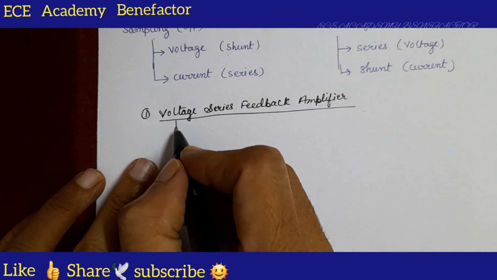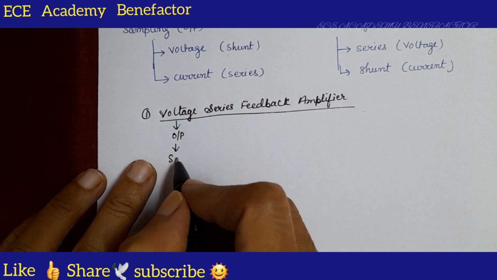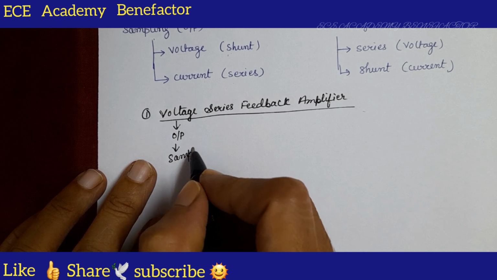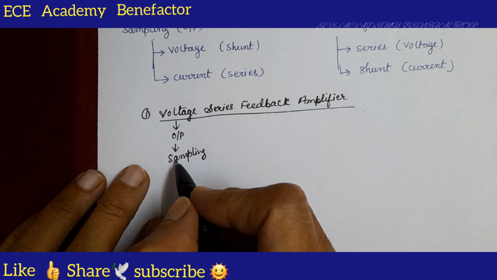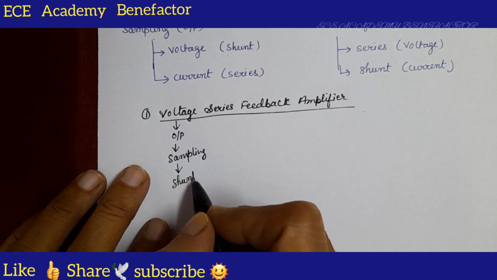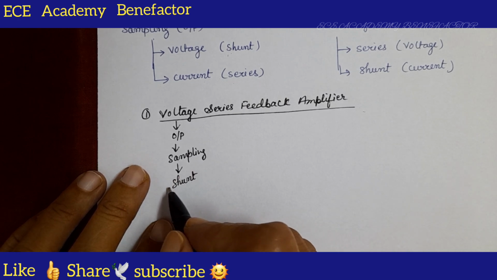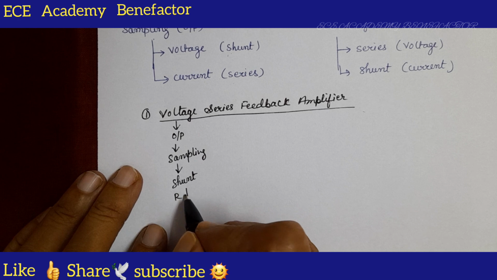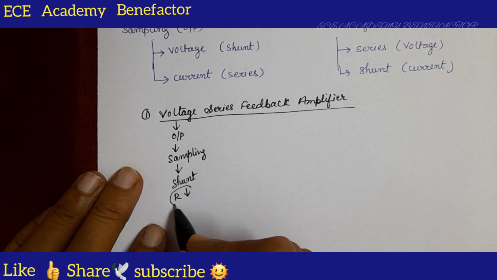What does the first word tell about? The output. What is done at the output? Sampling. If voltage sampling is done, what are the connections at the output? Shunt. If shunt connections are there, what will happen to the resistance? The resistance will reduce. For shunt connections, the resistance reduces.